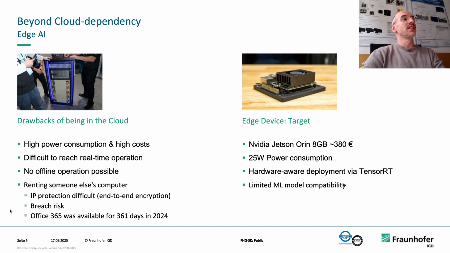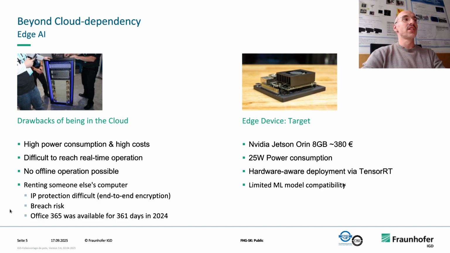Speaking of the cloud, it actually looks somewhat like the image on the left-hand side. It shows an NVIDIA DGX unit, which is typically used for machine learning deployment in the cloud. So in a nutshell, using the cloud means you are renting someone else's computer, and it comes with all the difficulties of doing this. The first and main difficulty is intellectual property protection.